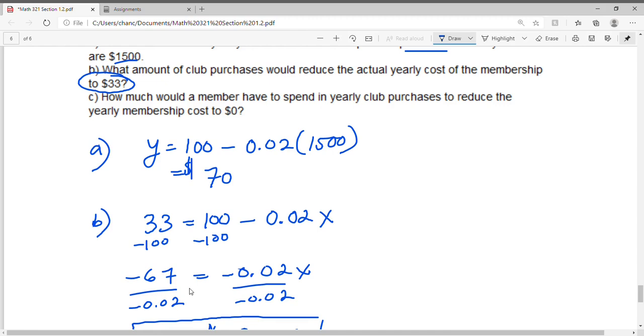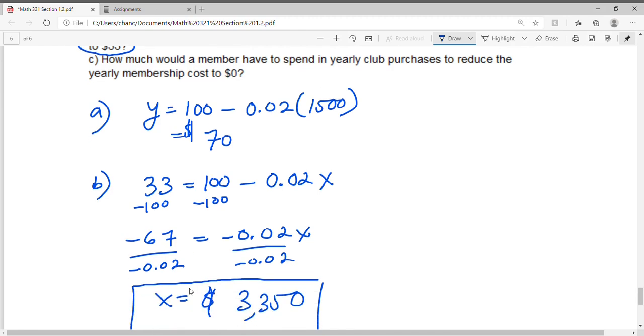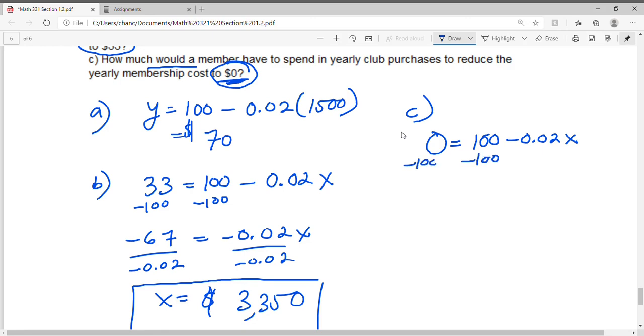Let's look at part C. How much money would a member have to spend in yearly club purchases to reduce the membership to 0? So this time I'm replacing y with 0. In part C, we'll replace y with 0, and we get 0 equals 100 minus 0.02x. Let's solve for x. Subtract 100 from both sides.